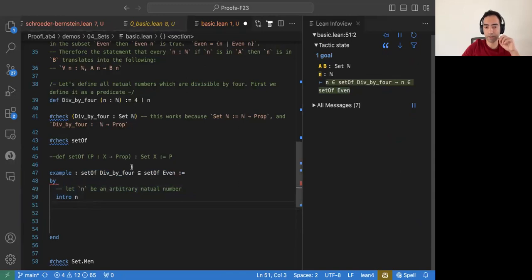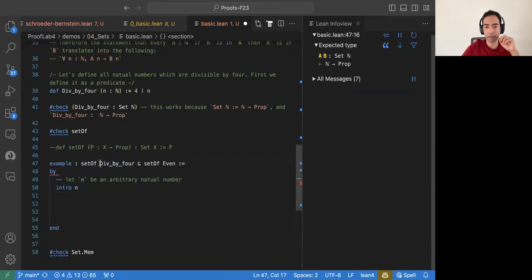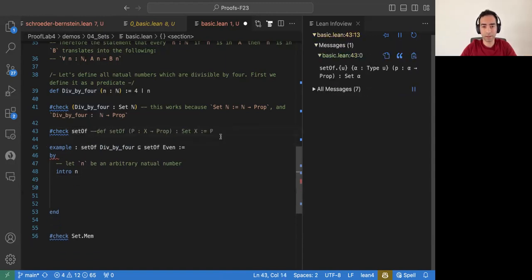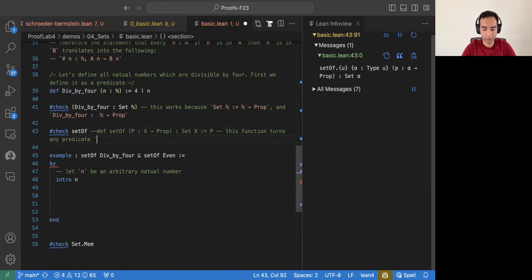I hope this didn't confuse many of you. Essentially what I had was a predicate here, and I wanted to turn this into a set of all numbers that satisfy that. And this function set of does that for me. Maybe I should write: turns any predicate P on X into a set of elements that satisfy that predicate.